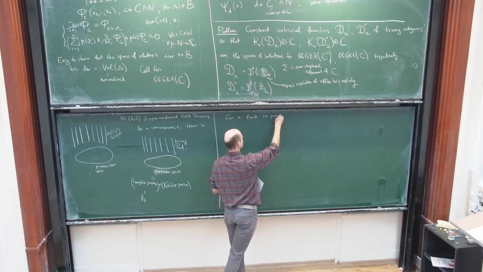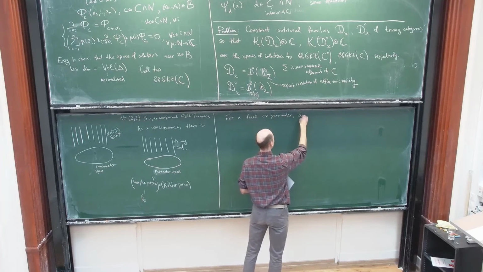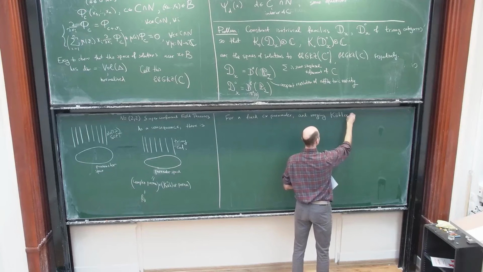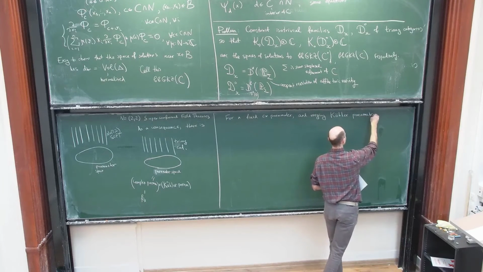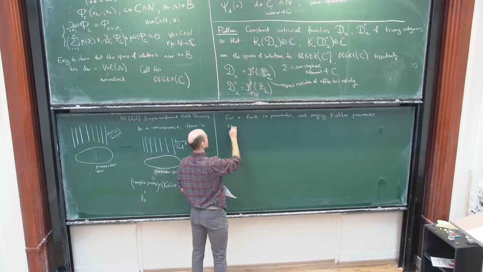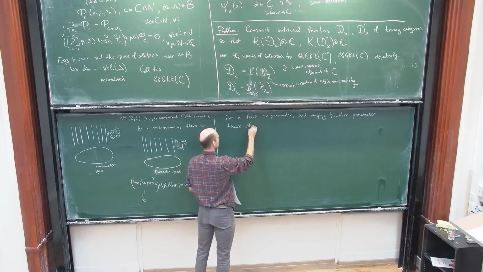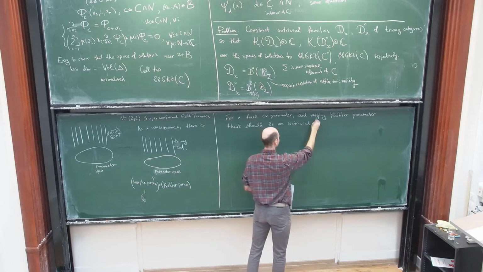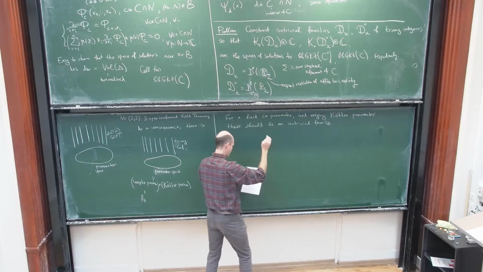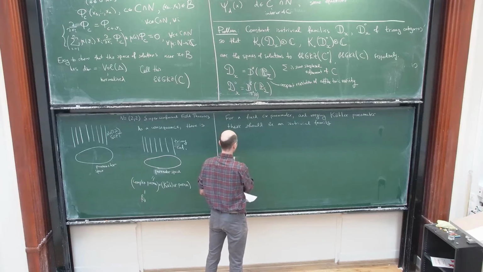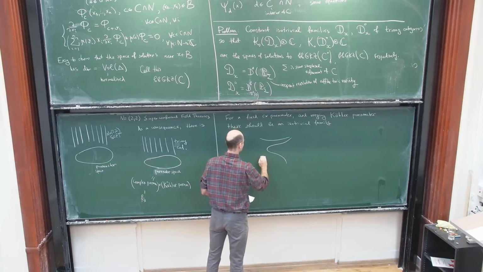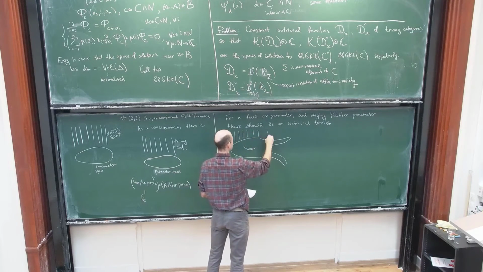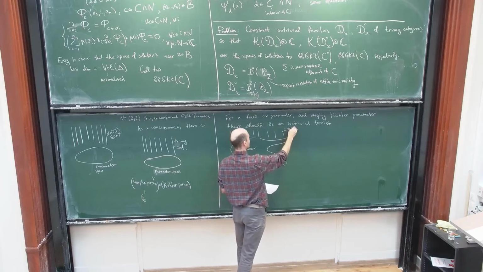For a fixed complex parameter and varying Kähler parameter, there should be this isotrivial family of triangulated categories over some kind of base.